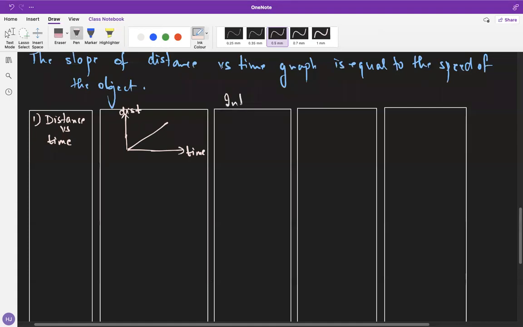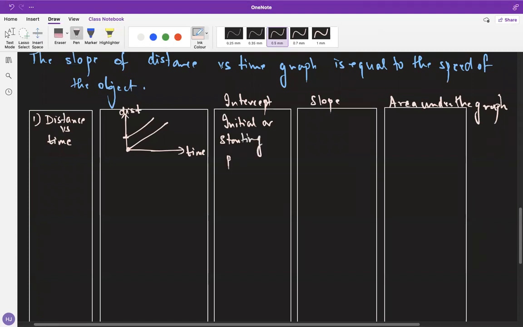Here we're going to write information about the intercept, here the slope, and here the area under the graph. If I take the intercept over here, the graph could be like this, or like this. What it gives us information about is the initial or starting position.